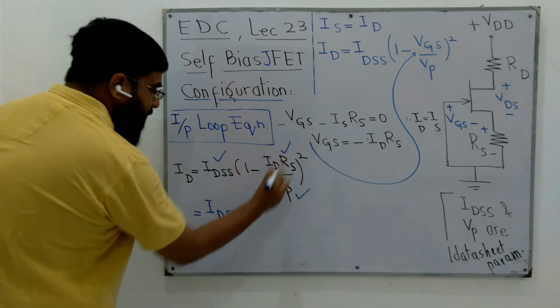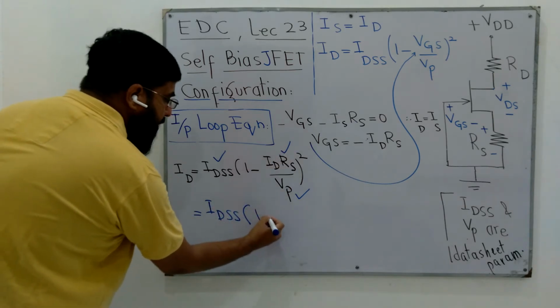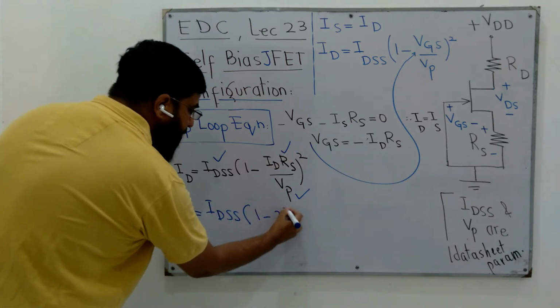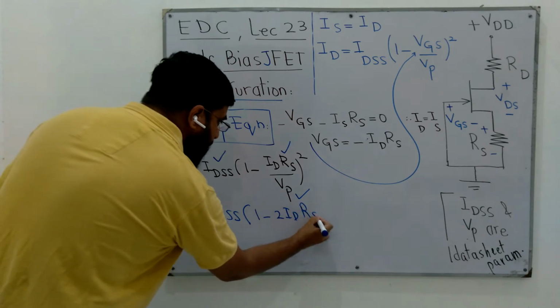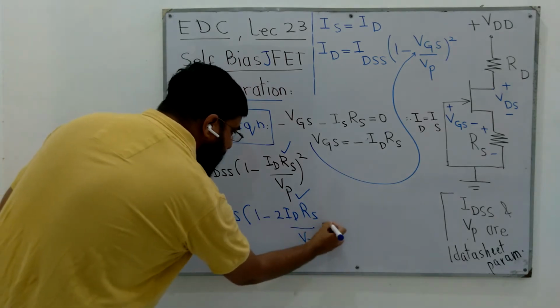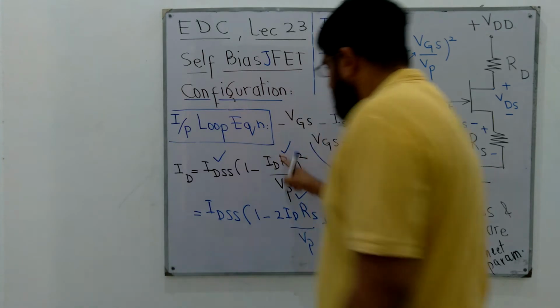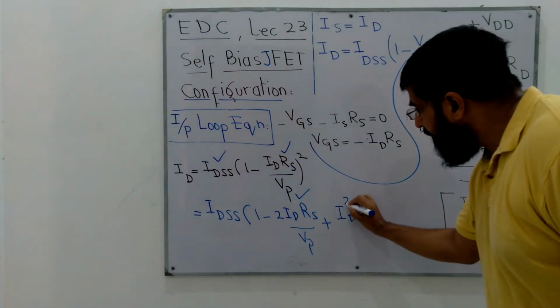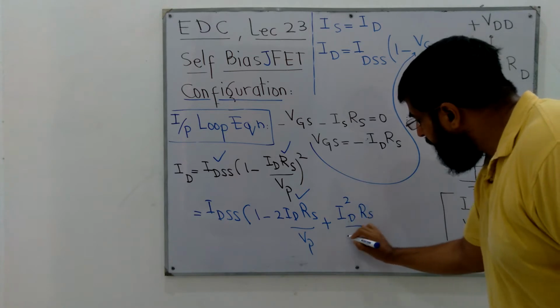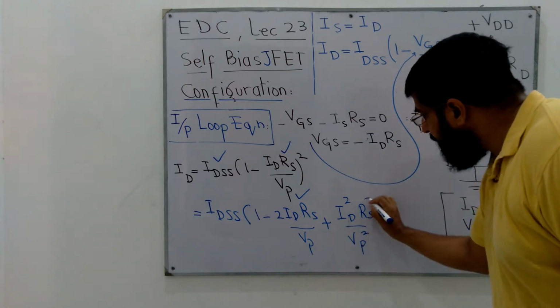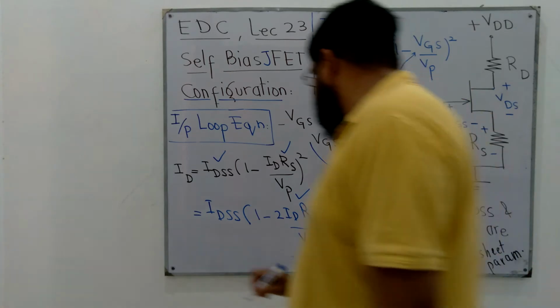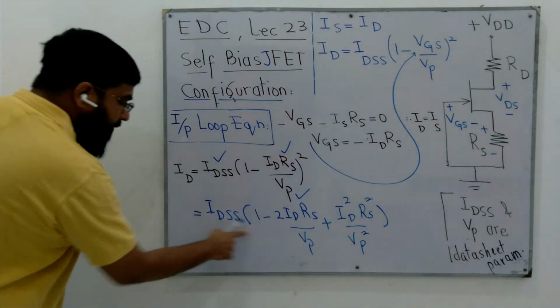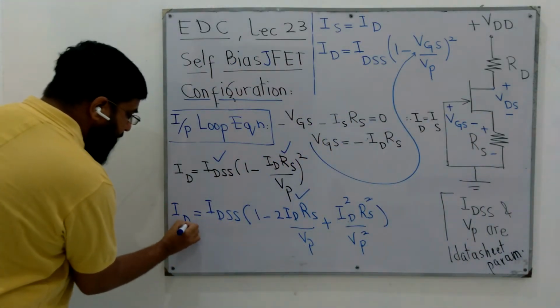this square when expanded is 1 squared minus 2 times ID RS over VP plus this whole squared, ID squared RS squared over VP squared, times this whole IDSS.